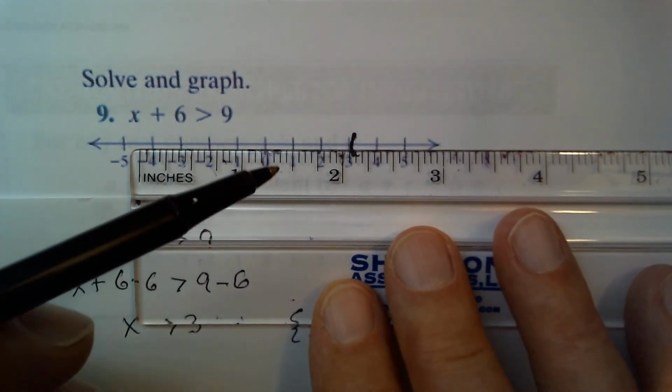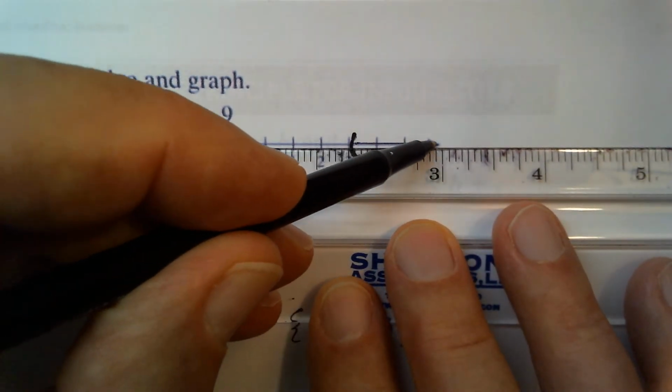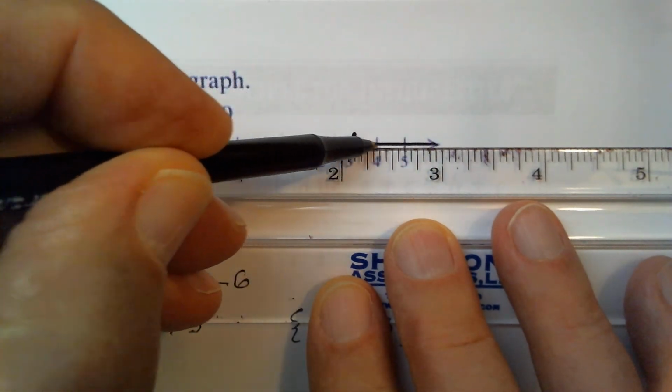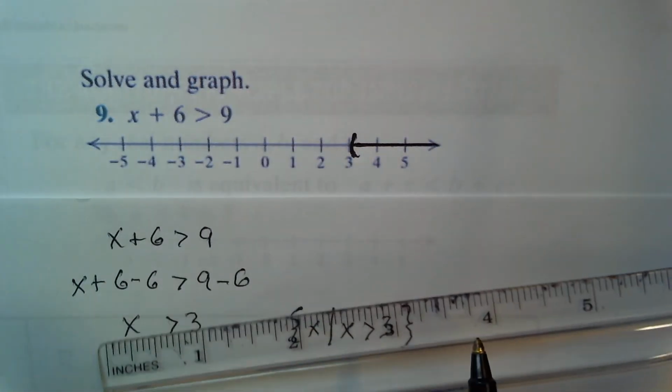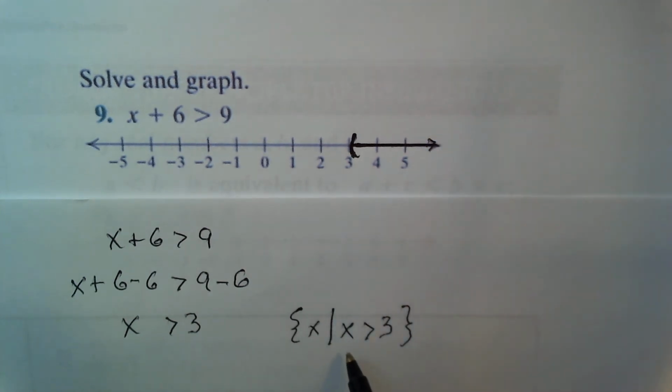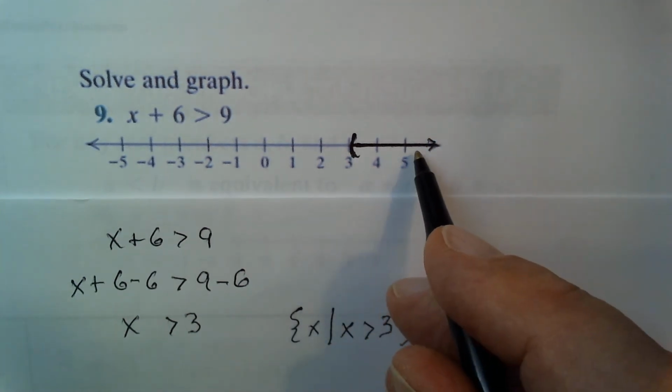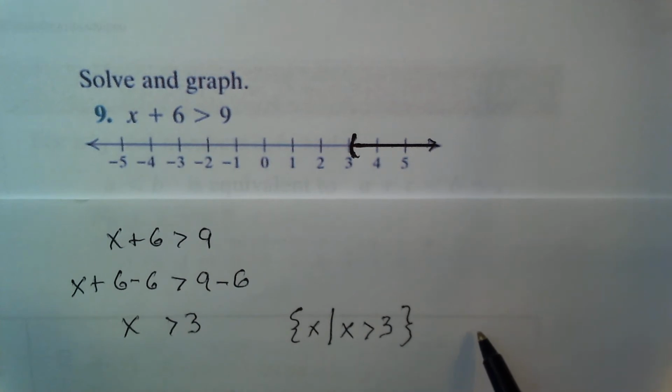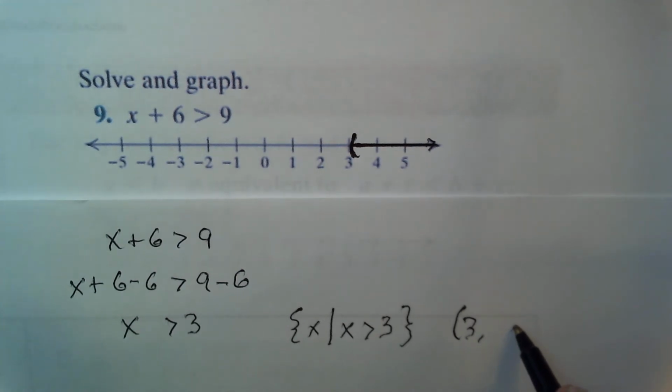And that is the graph of the solution for this inequality. So here's set notation, and here's the graph. And of course, in interval notation, it means 3, infinity, and again, infinity with a parenthesis.